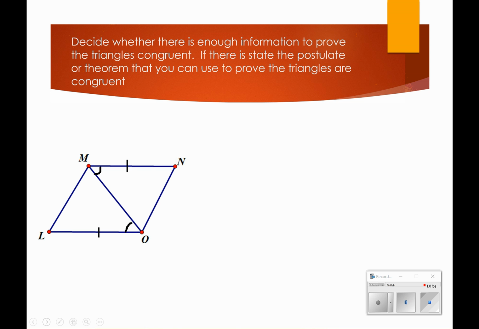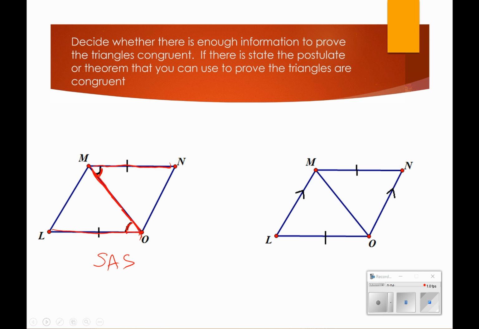Okay, so I've got an angle, I've got another angle, I have a side, and sometimes using highlighters works. I've got a side, and look at this, I have another side here. So yes, I can prove them congruent by side angle side. Now that wasn't one of the ones we learned today, but we learned it yesterday, or in the last lesson.